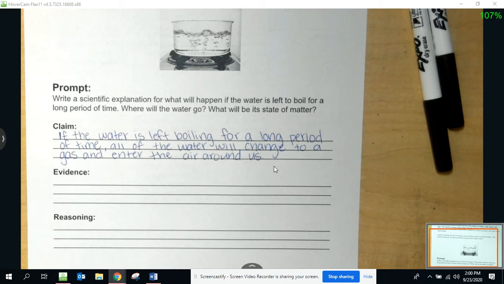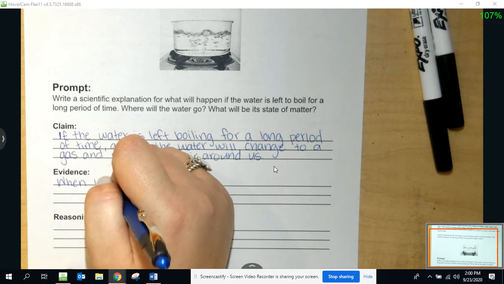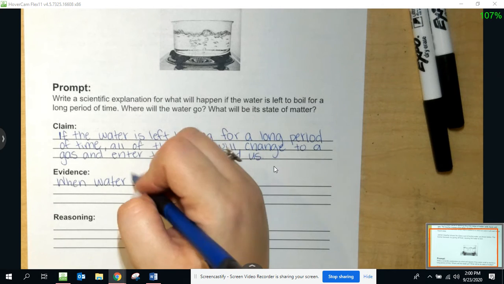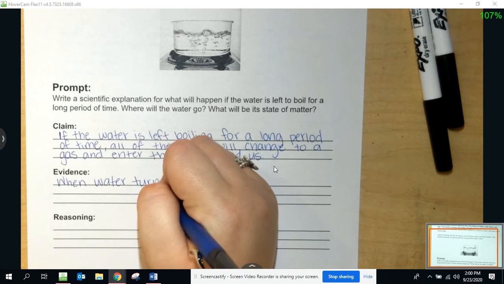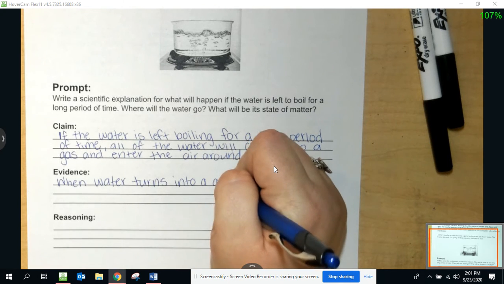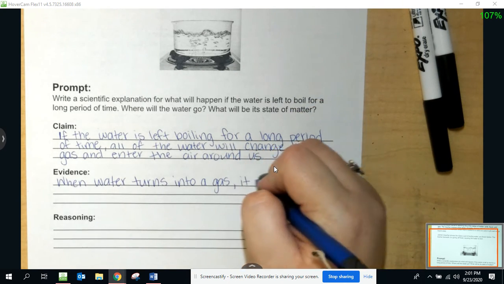Imran? Bubbles. So we know that something is happening when those bubbles form, right? Okay, so when liquid water turns into a gas, it forms bubbles.